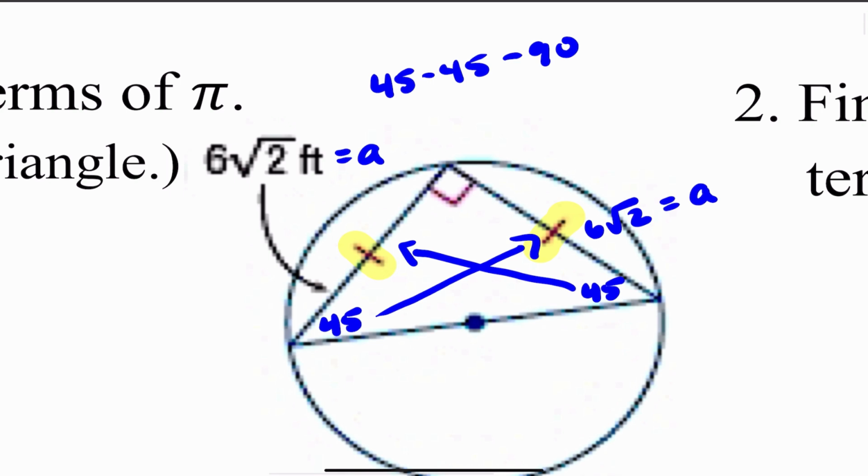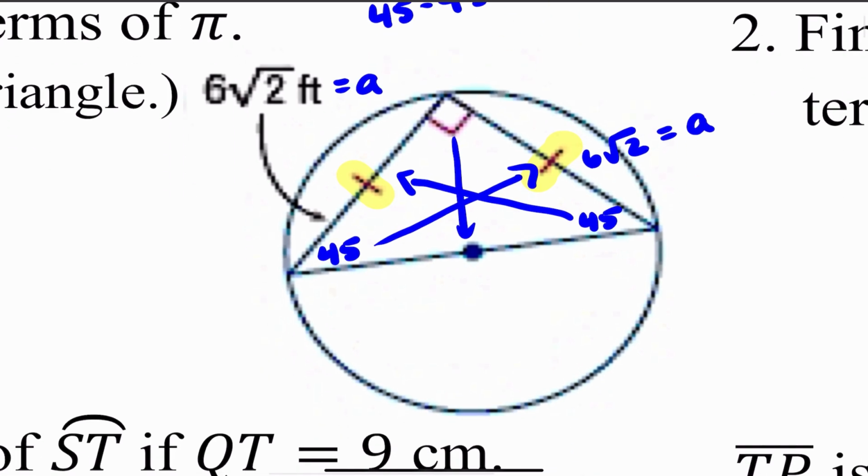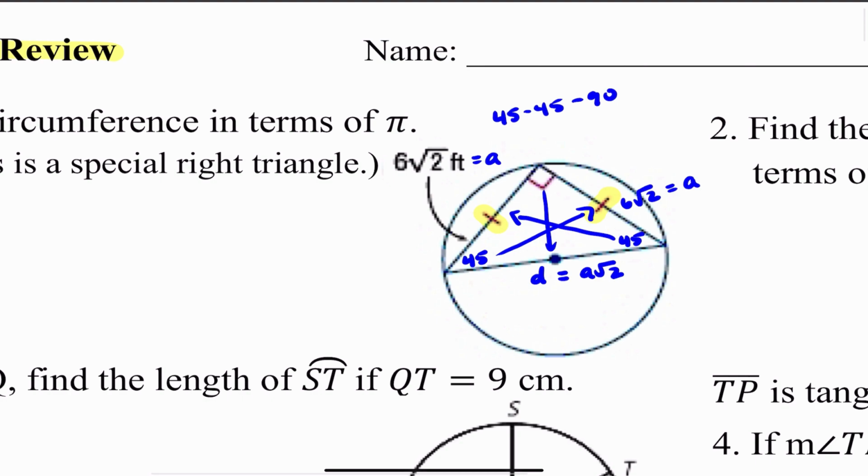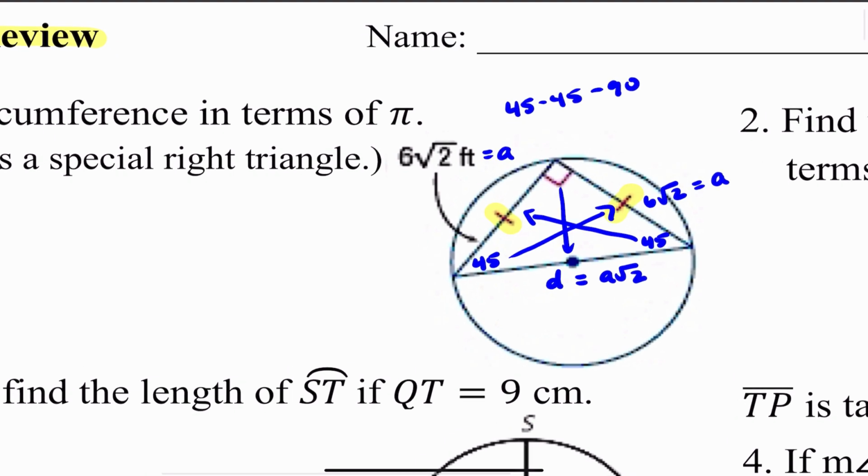And then lastly, across from 90 degrees, this side here, which is the diameter, how do we know that that's the diameter? Well, it's a chord where it goes through the center of the circle. I'm going to call the diameter D, and I'm going to set that equal to A root 2. It's A root 2 when you have a 45-45-90. Okay?